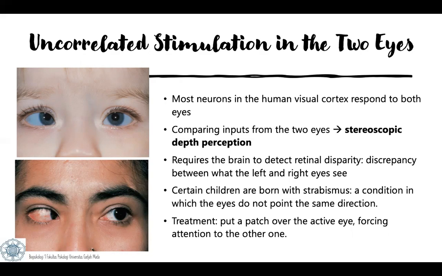The usual treatment for a child with strabismus is to put a patch over the active eye, and this forces the attention to the other eye, right? That procedure actually works to some extent, especially if it begins early. But many children refuse to wear an eye patch for as long as they need it to, right? So in any case, the child is not learning to use both eyes at the same time.